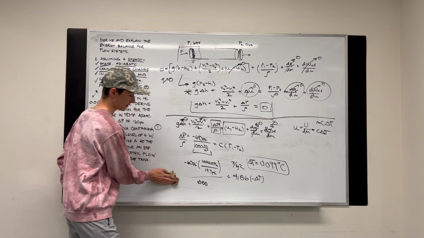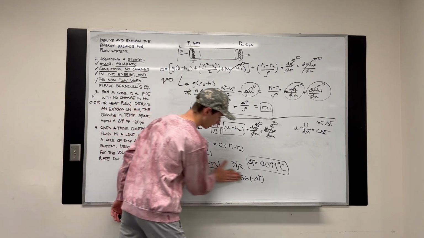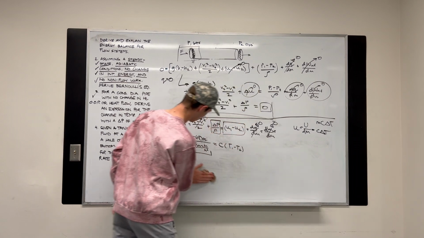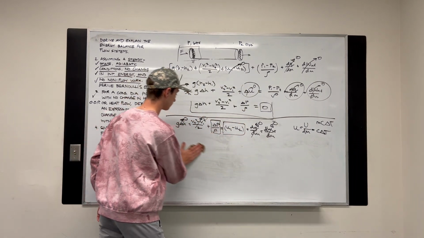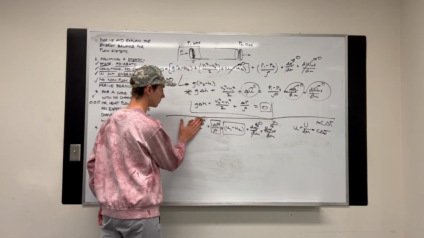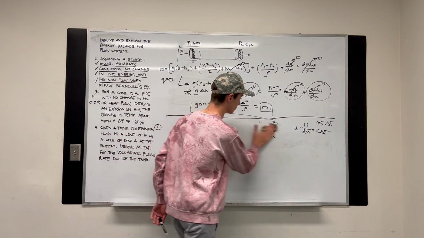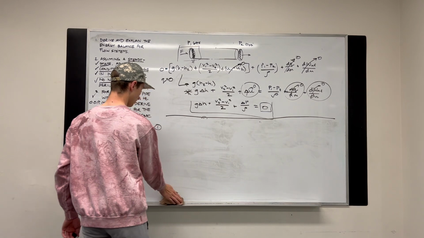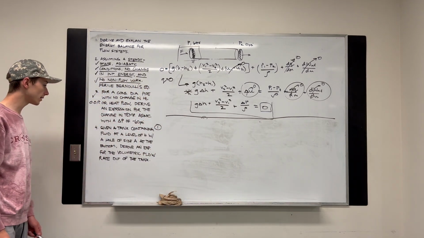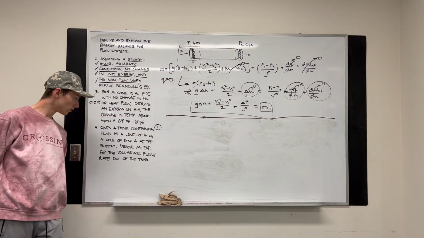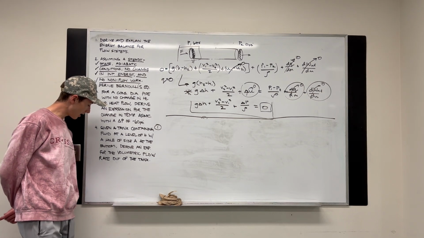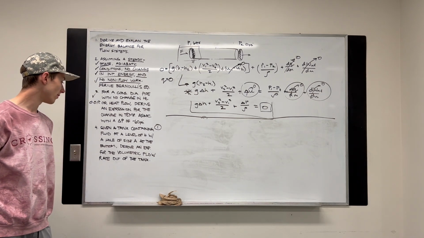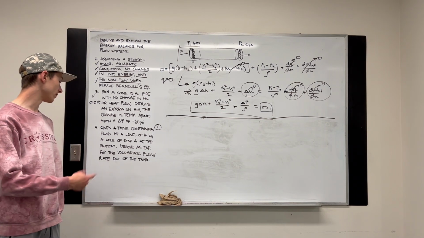I'm going to erase this, give us some more room so we can do another problem real quick, and then we'll be all done for this video. Okay, so given a tank containing fluid at a level of H with a hole of size A at the bottom, derive an expression for the volumetric flow rate out of the tank.